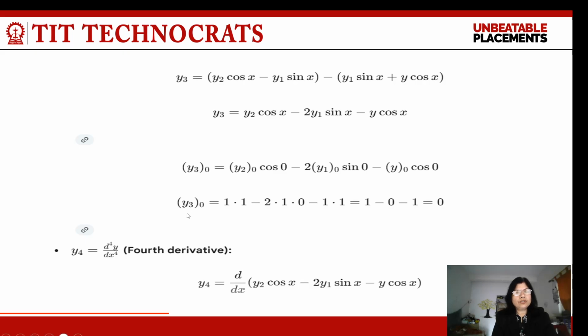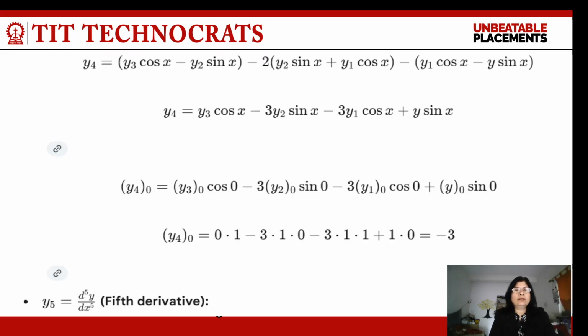Again we differentiate the given function, that is the fourth derivative. So y4 is equal to d by dx of y2 cos x minus 2y1 sin x minus y cos x. Now we use the product rule, so that y4 is equal to y3 cos x minus y2 sin x minus 2y2 sin x plus y1 cos x minus y1 cos x minus y sin x.